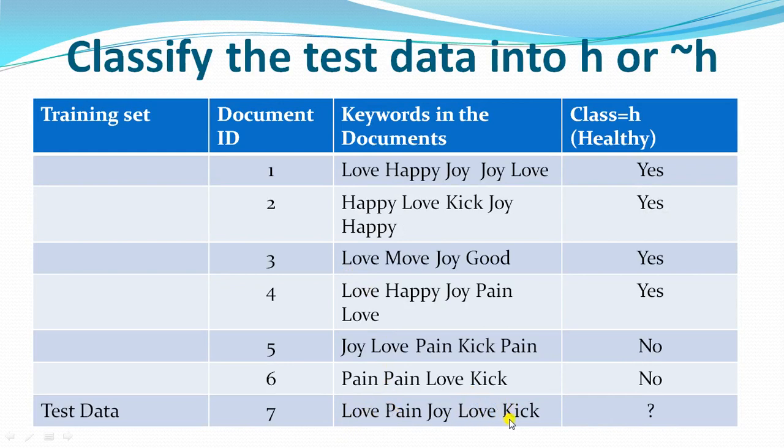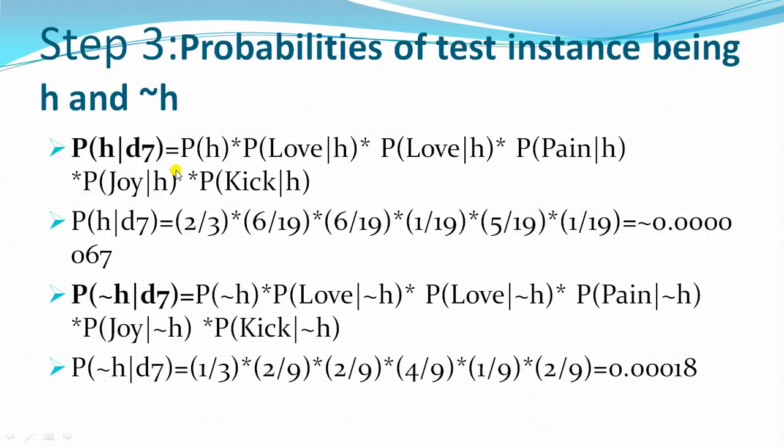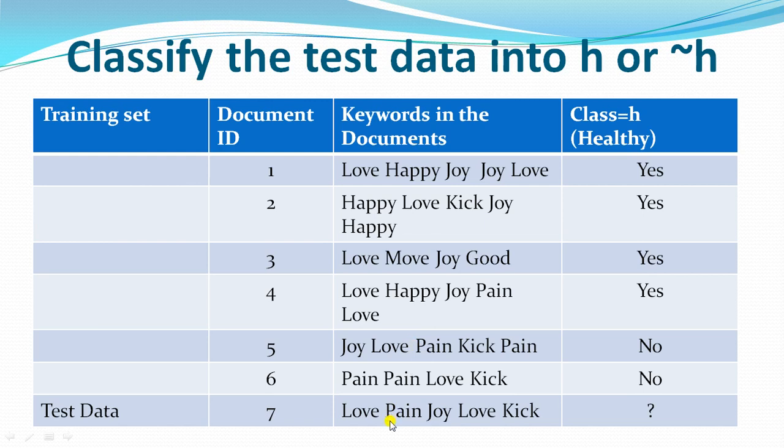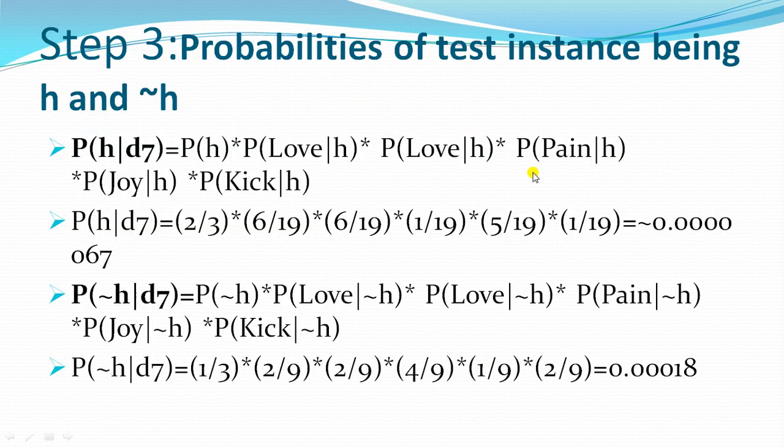That means P of H into P of love given H into P of love given H. So two love are there in that particular class H into, okay, see the next, it is pain, after that joy, after that kick, that is into P of pain in the class H, joy with respect to class H, and kick with respect to class H. Now, whatever the value of this probability, simple, we have already calculated this.